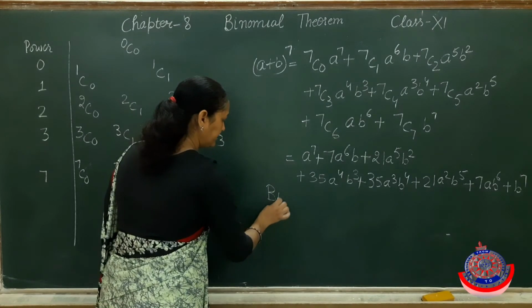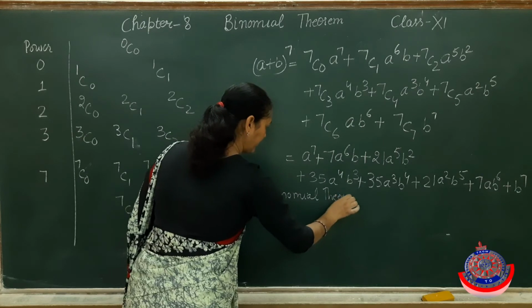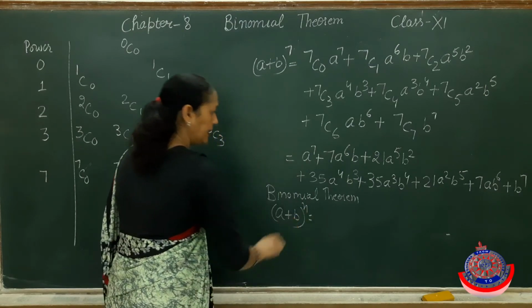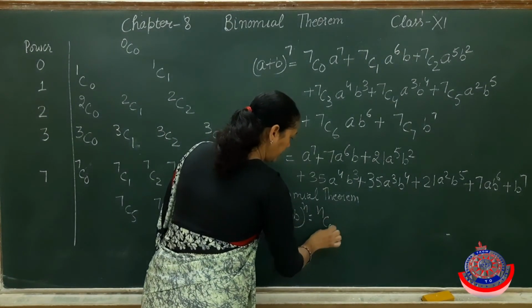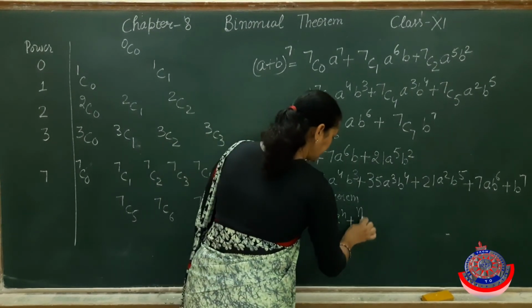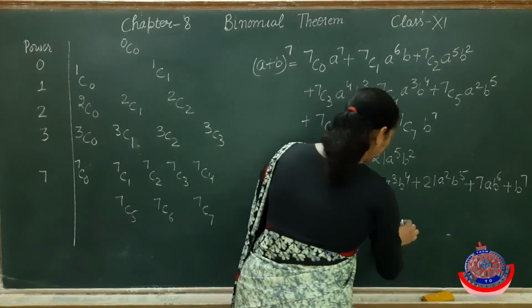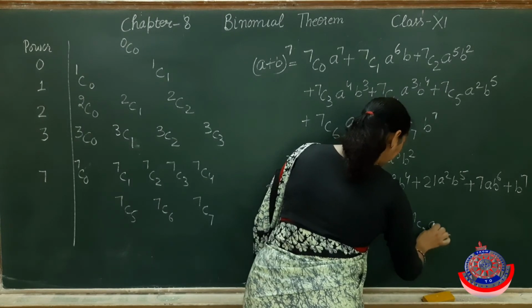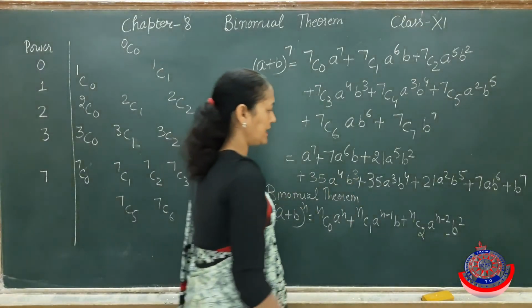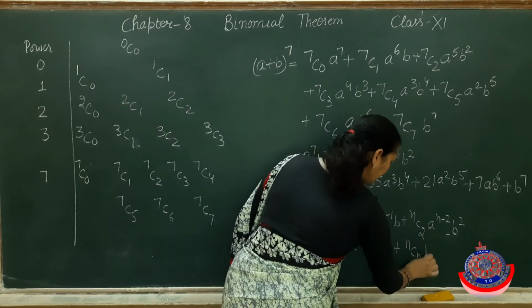According to the binomial theorem, if we write an identity of A plus B power n, it will be nC0 An, nC1, A will keep decreasing, B has started, then nC2 An minus 2 B square and so on, and in the last we will be writing nCn, A will not be there, Bn.